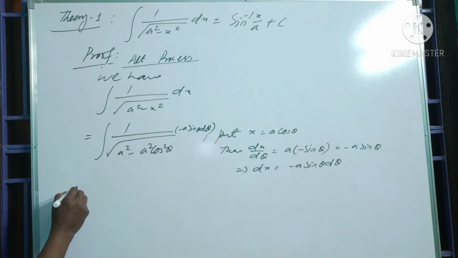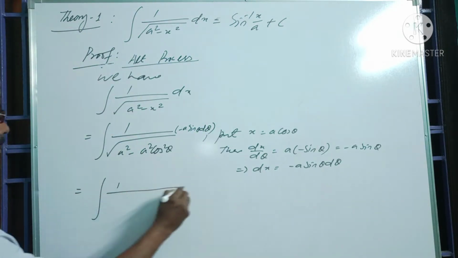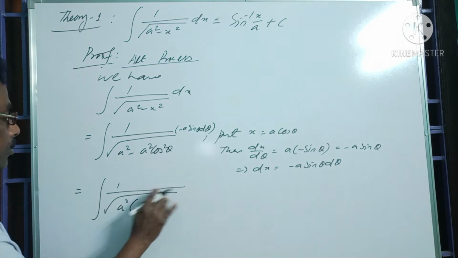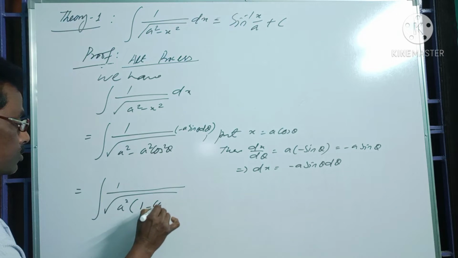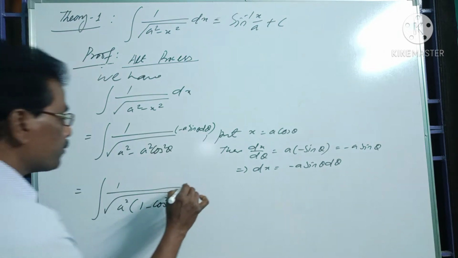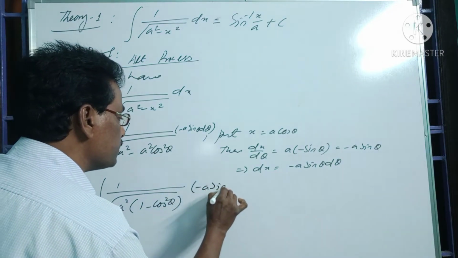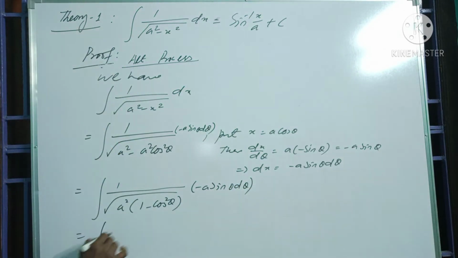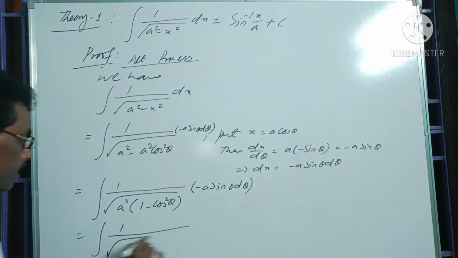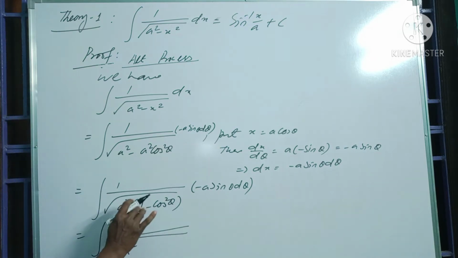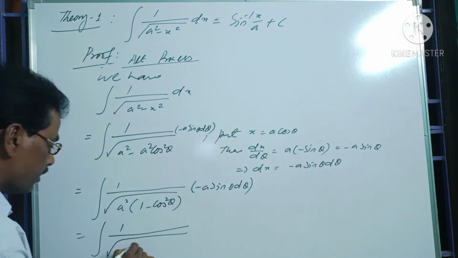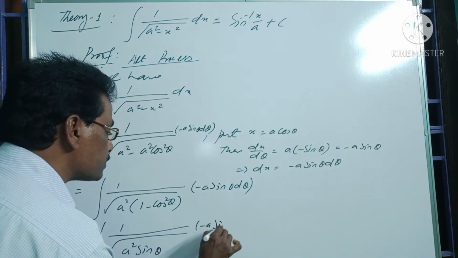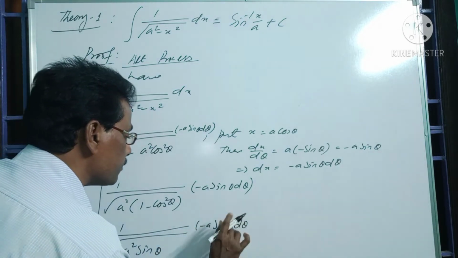Now again simplifying, we have integration of 1 by root of a square whole into 1 minus cos square theta, into minus a sin theta d theta. Again simplifying, we have integration of 1 by root of a square into, in place of 1 minus cos square theta we have sin square theta, into minus a sin theta with respect to theta.